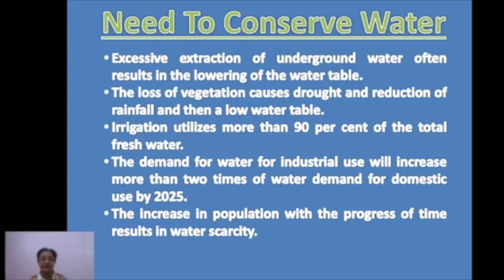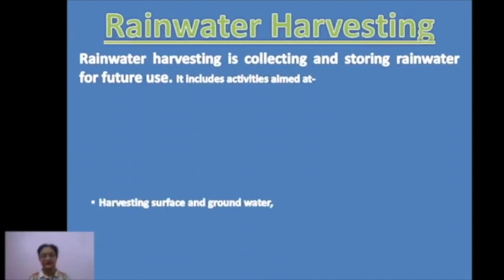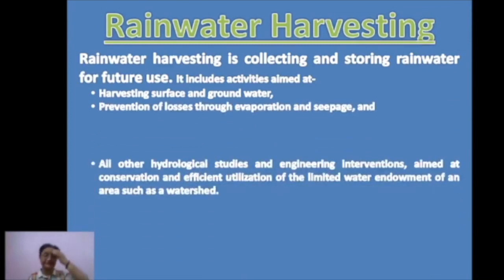Next, the demand for water for industrial use is also expected to increase further, because industries are going to increase. Naturally they need more water. So we need to conserve water again. And the increase in population with the progress of time results in water scarcity. So these are a few points, children, which we need to keep in mind when we think of conserving water.